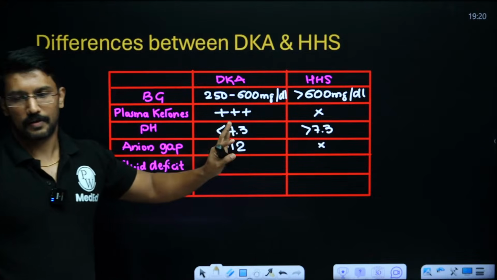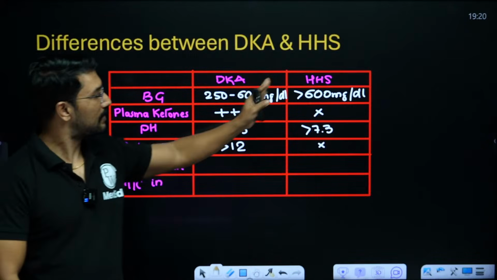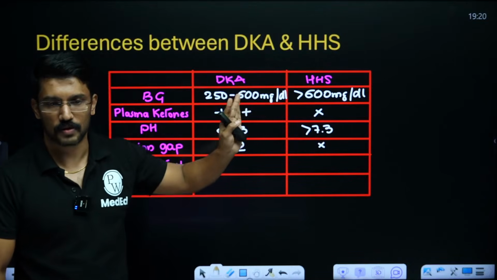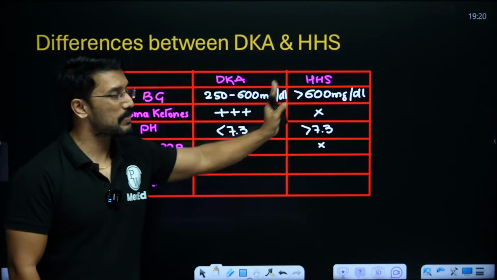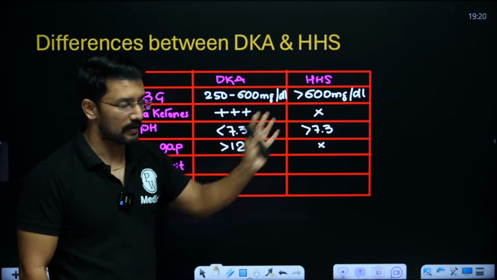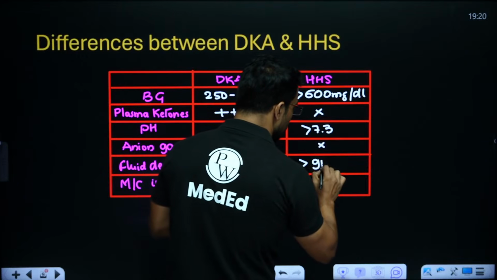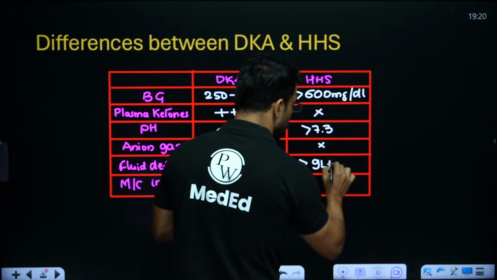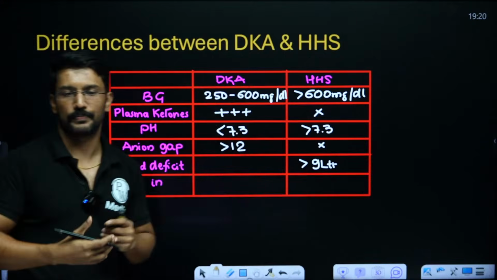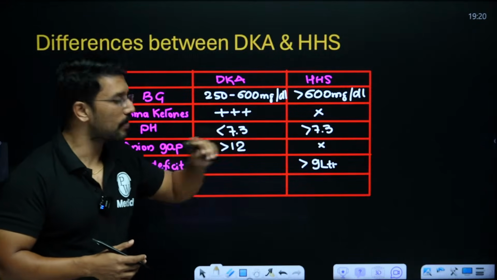Now the main part, I was telling you repeatedly that this HHS carries worse prognosis, higher death risk. Kyun? Because they present late. So by the time they present, they would have lost more than 9 liters of fluid from the body already through polyuria. So they will be in much more profound dehydration.